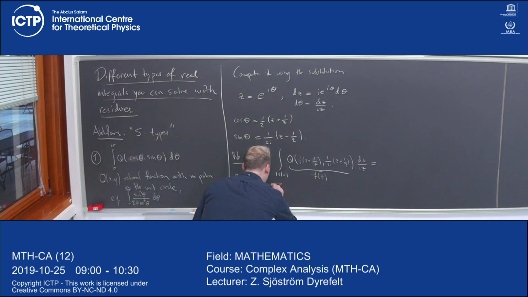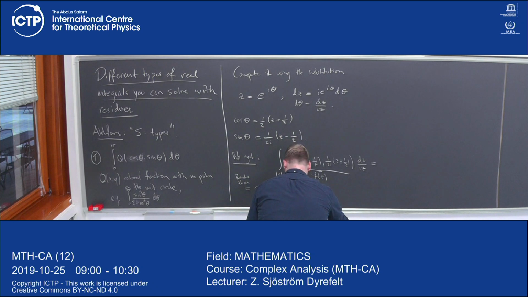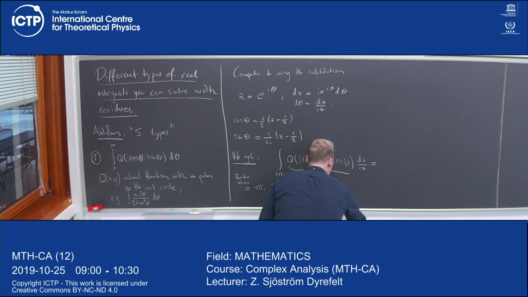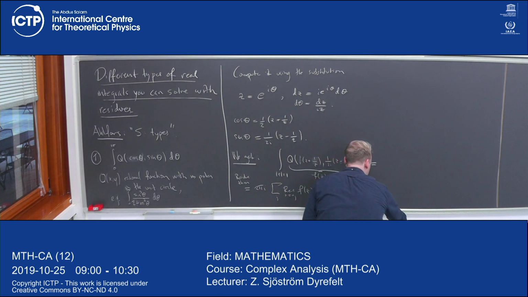So 2 pi i, and then the sum of the residues of f of z, over j, where a_j are the poles of f inside the unit circle.